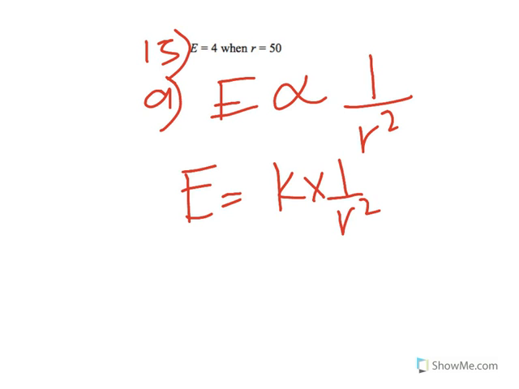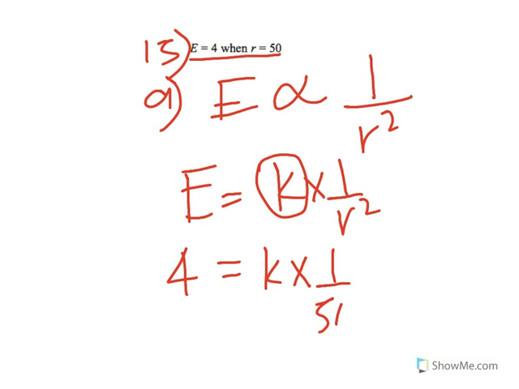Now they've given us the values of E is equal to 4 when R is equal to 50. So we need to find out K to actually determine a proper equation. And that's what 15a is asking us, to express E in terms of R. So, we'll substitute the E value. 4 is equal to K times 1 over 50 squared. So, we multiply both sides by 50 squared.